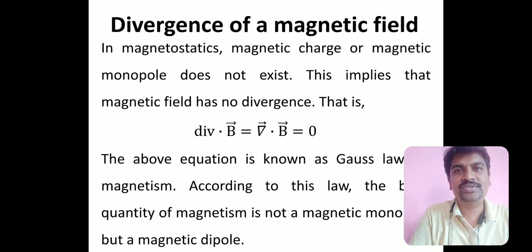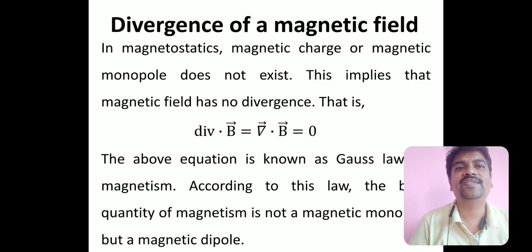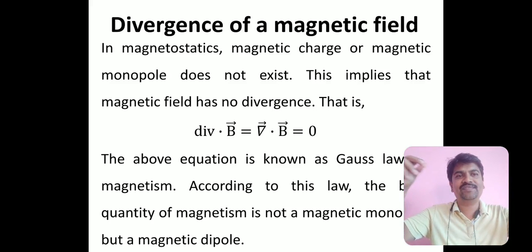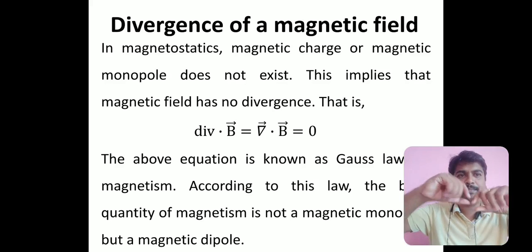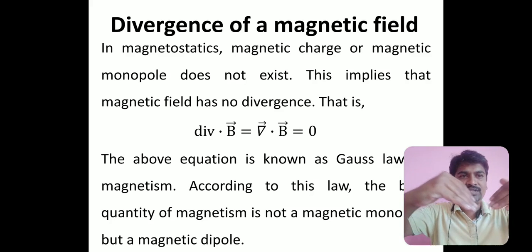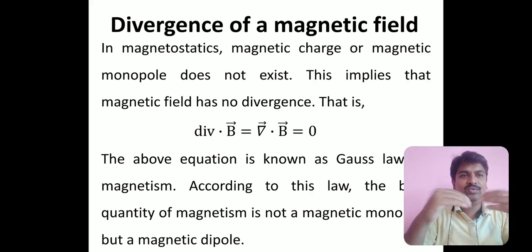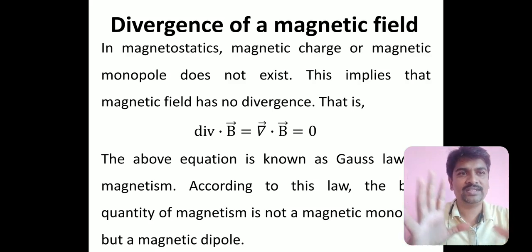This implies that there cannot be any divergence of the magnetic field, so the divergence of the magnetic field is 0. Magnetic lines of force cannot diverge out from a point, because there is no monopole here. You cannot expect magnetic lines to come out from a point, or to converge to a point, because the magnetic field is a rotational field.